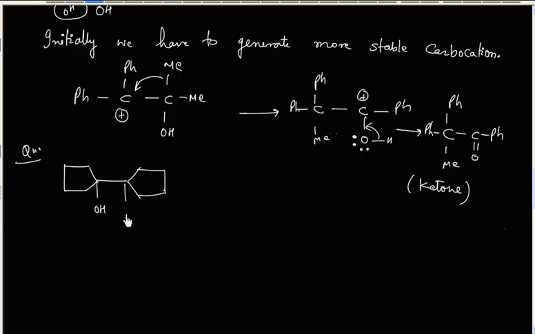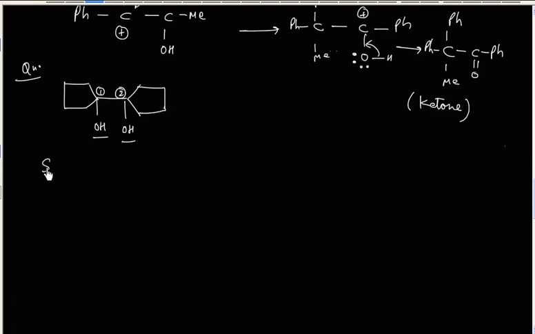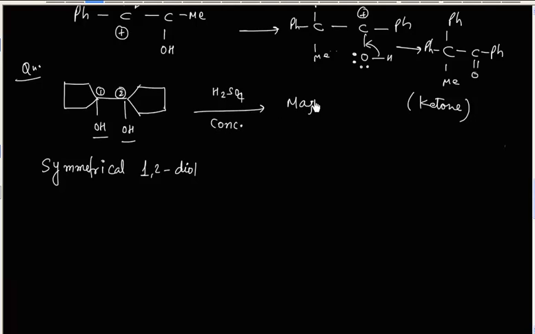So this is a case of a 1,2 diol, and this time it is symmetrical. So this is a symmetrical 1,2 diol. Now if this is treated with concentrated H2SO4, what will be the major product?